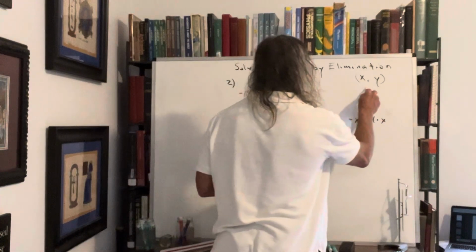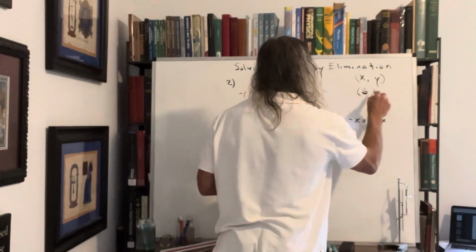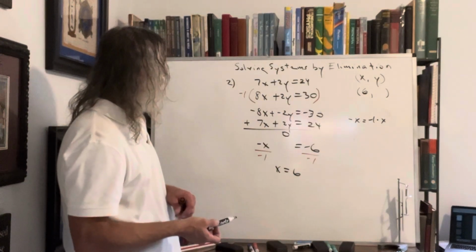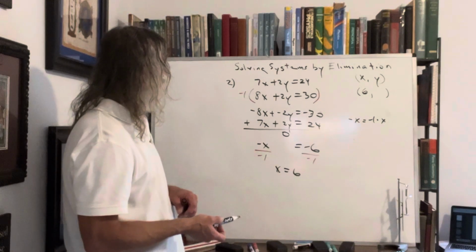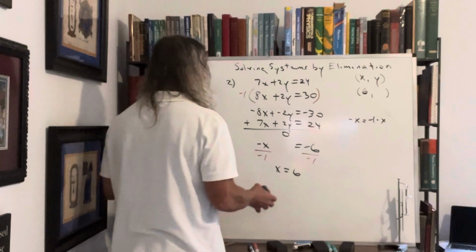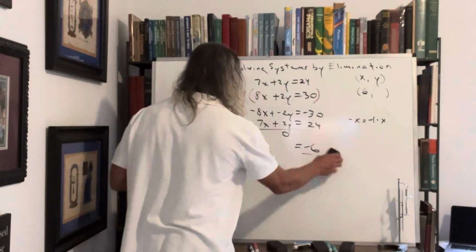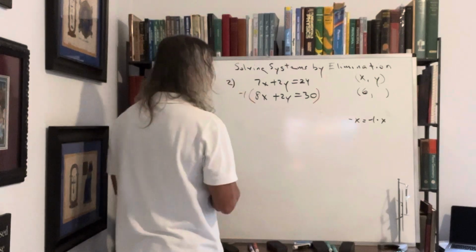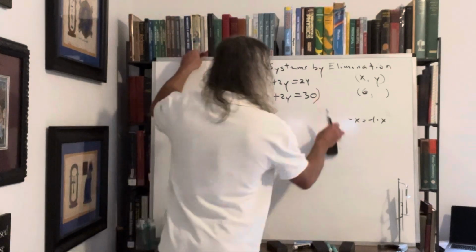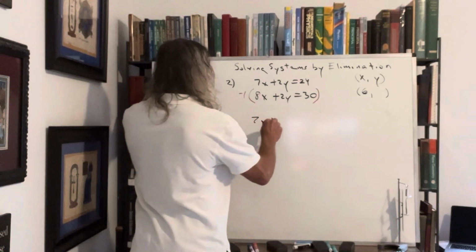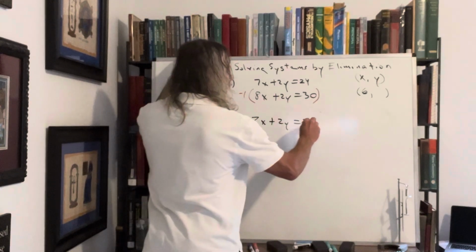So we got part of that. Then I need to get the y value. So I'll use the top equation. Remember, if you need a copy, stop, rewind, pause, whatever. So 7x plus 2y is 24.